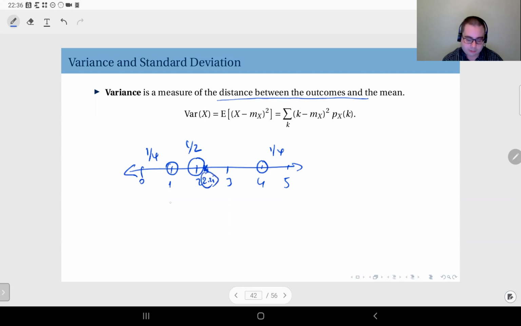And for each outcome, let's say I have a sequence, and the first outcome is 1, then 4, and then another 4, and then 2, another 4, 2, 1, 2, etc. What you want to do is compute the average distance between each of the outcomes and the expected value.